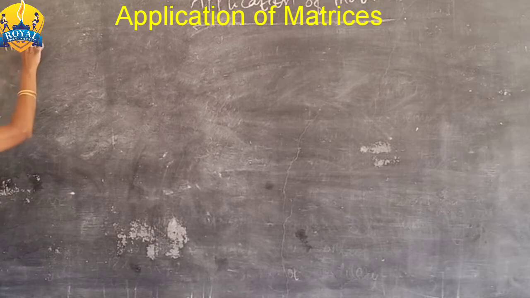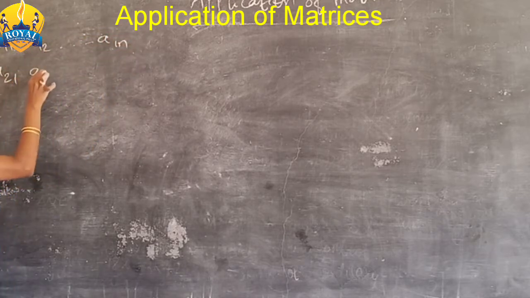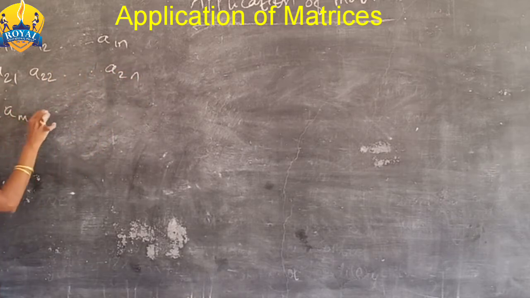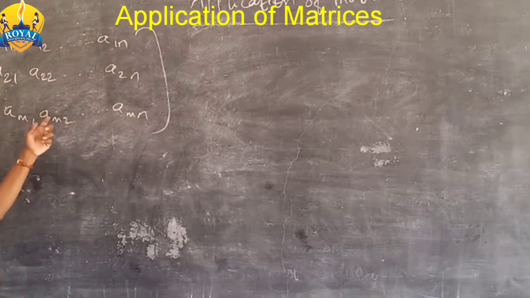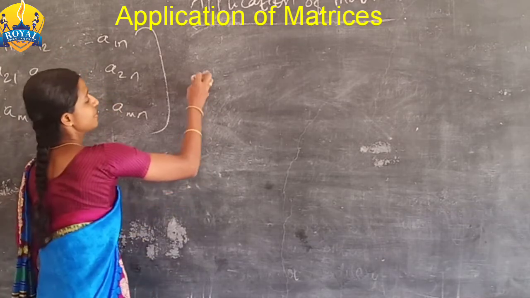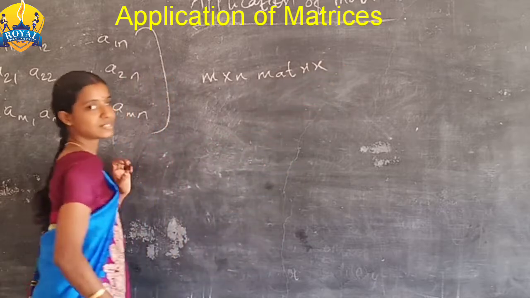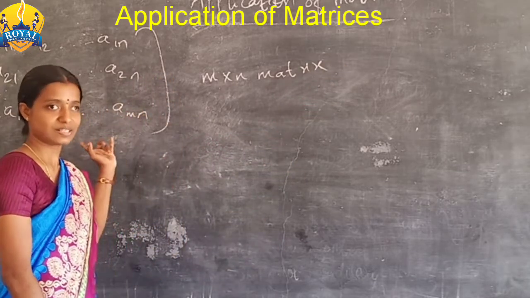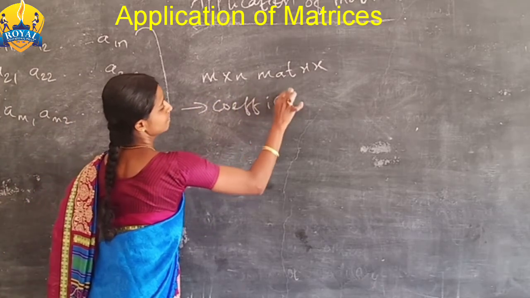So a11, a12, etc. a1n, a21, a22, etc. a2n, etc. am1, am2, etc. amn. This matrix is called the coefficient matrix, where the order of this matrix is m cross n. Since we are writing the coefficients of x1, x2, etc. xn in this parenthesis, this matrix is a coefficient matrix.